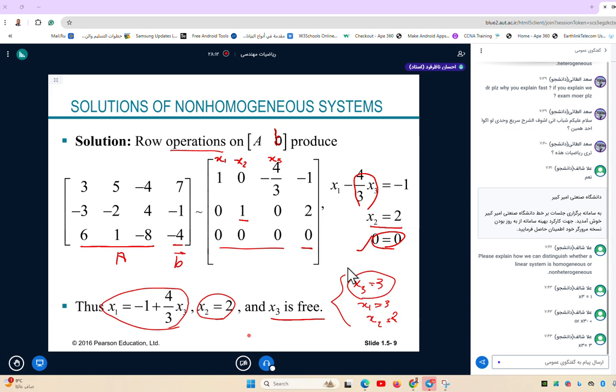In that case, another solution will be x1 is 11, x3 is 9, and x2 is 2. So there are infinite solutions for that.